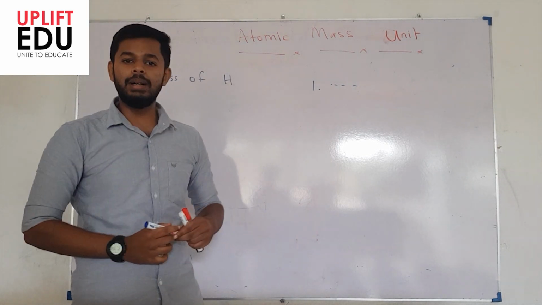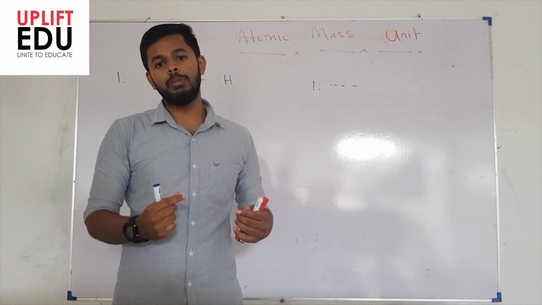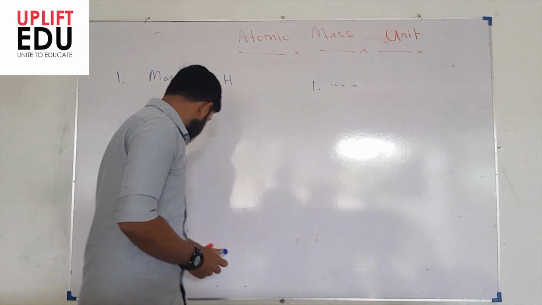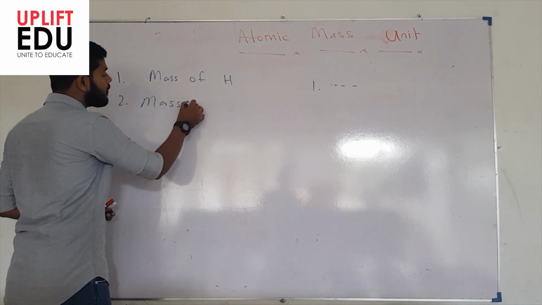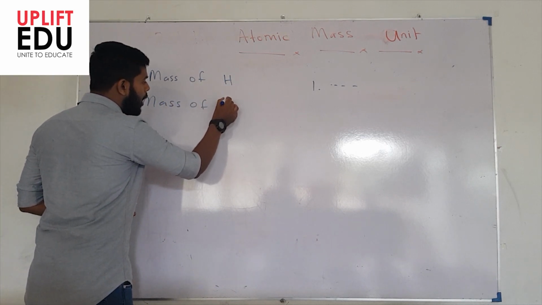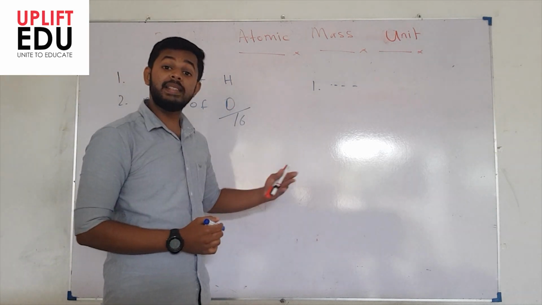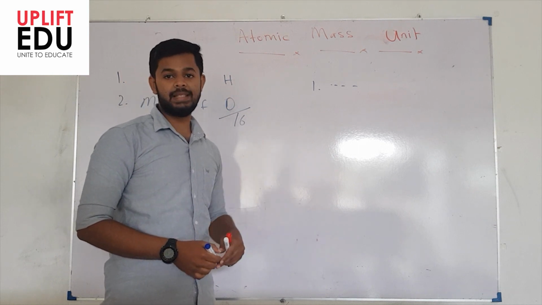When they got decimals, there was a problem, but they wanted to keep it as the maximum possible simplest whole number. Then they proposed the second option, that is the mass of oxygen divided by 16, or 1/16 the mass of an oxygen atom. That also was not properly accepted.